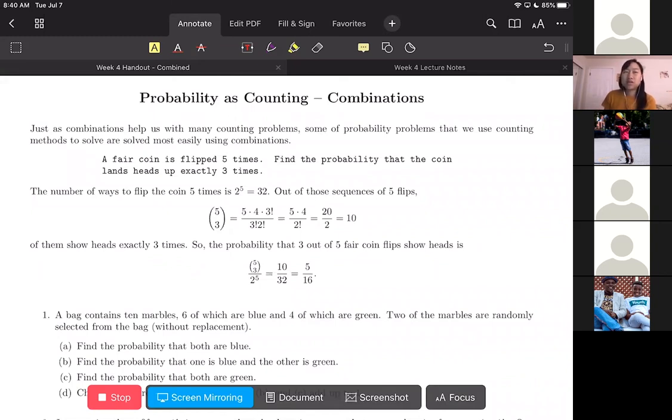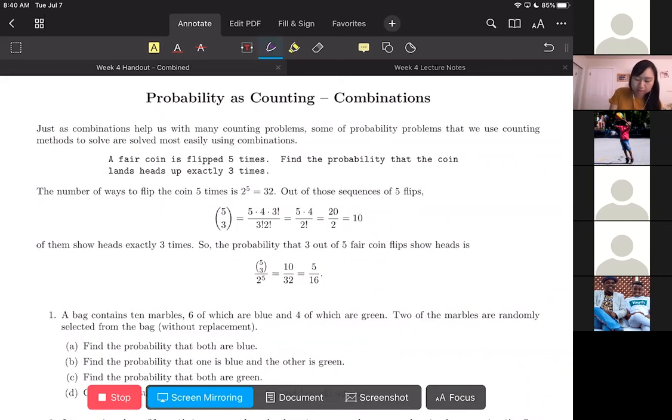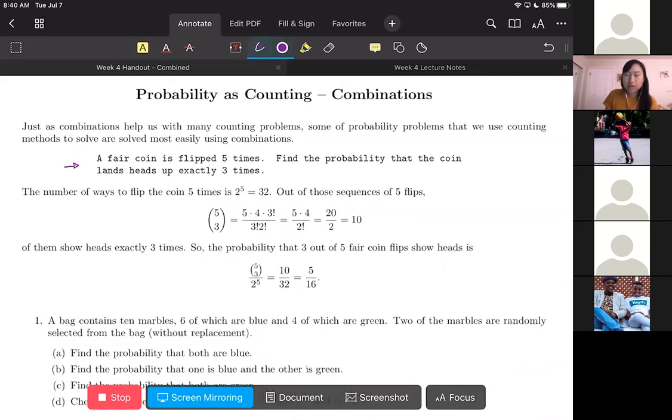In this example, we see a fair coin is flipped 5 times. Find the probability that the coin lands heads up exactly 3 times. Here, it's going to be hard to list out all the different ways that the coin could land 3 times. Of course, we could try. We could say, okay, the coin is flipped 5 times.